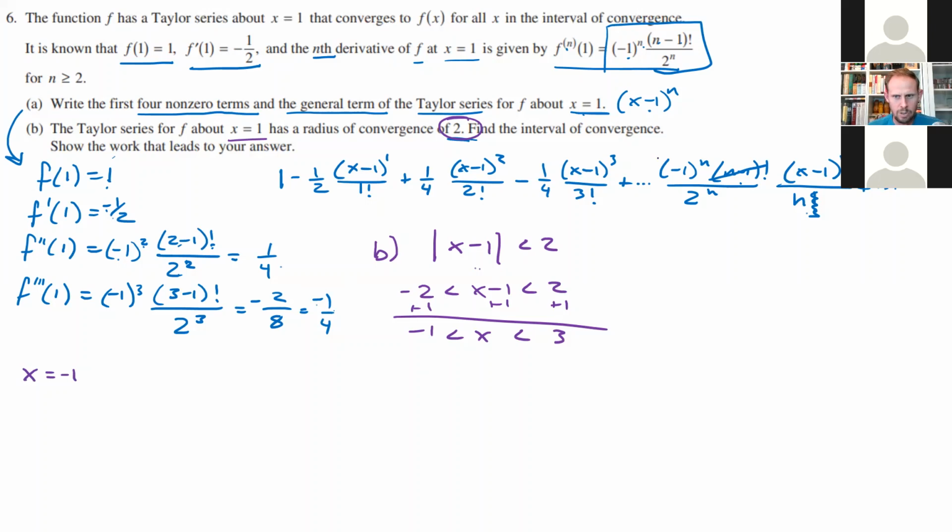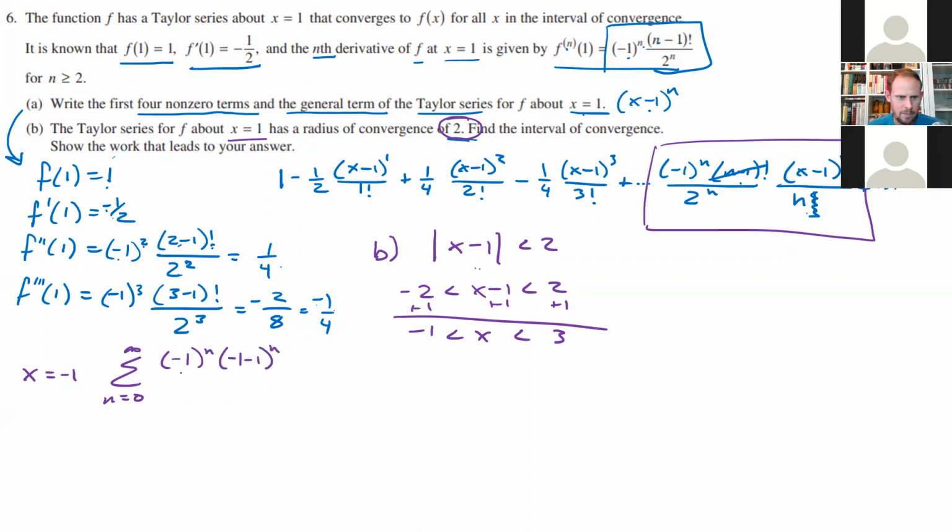So if we try negative 1 in, again, this is our general term. So we're going to have the sum n equals 0 to infinity, right? We start with the 0 term here, x to the 0. And we've got negative 1 to the n, x minus 1, so negative 1 minus 1 to the n, 2 to the n, and an n. All right, and then we want to know, does that converge or diverge? Well, let's see. This is going to be negative 2 to the n.